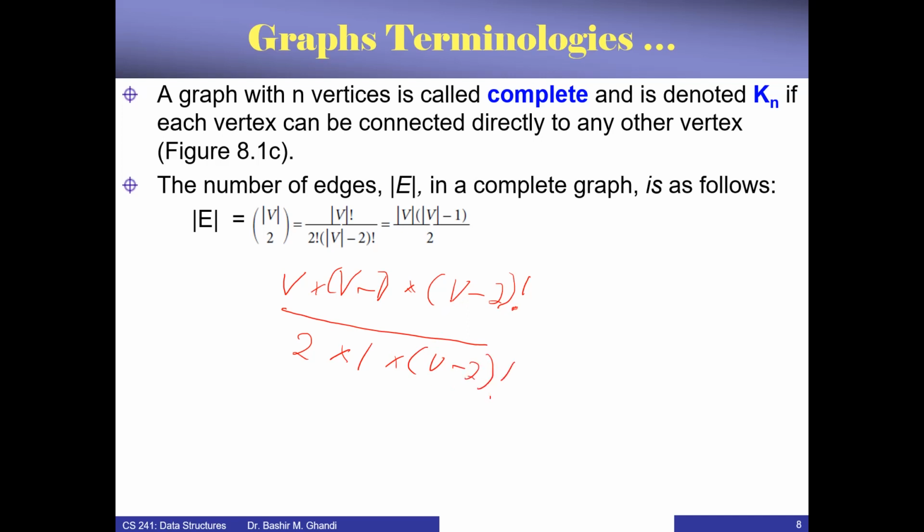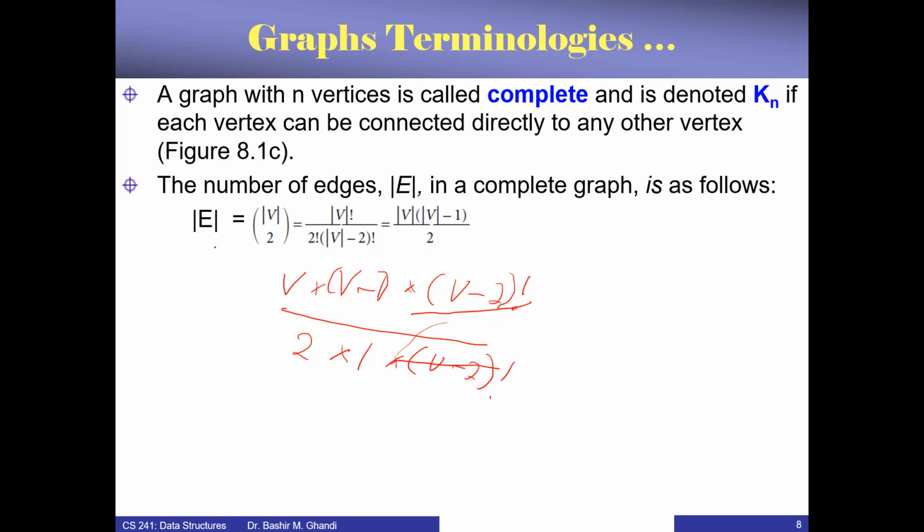You can see the reason why I stop here, because now V minus 2 factorial cancels out, so that we are left with V times V minus 1, divided by 2 times 1. And this is what we have here. When I say V here, I mean the size of V, the number of vertices in the set V, times the number of vertices minus 1, divided by 2.